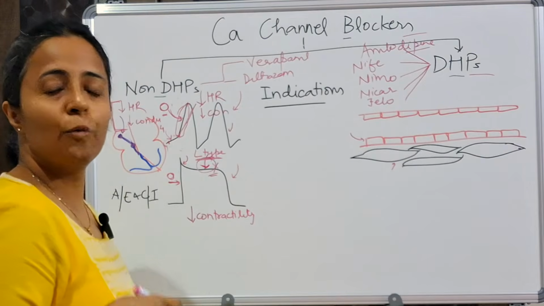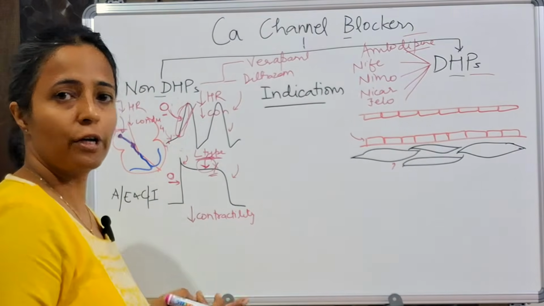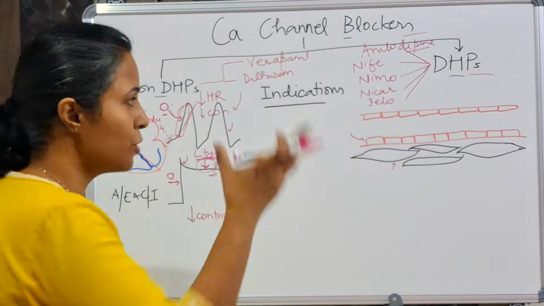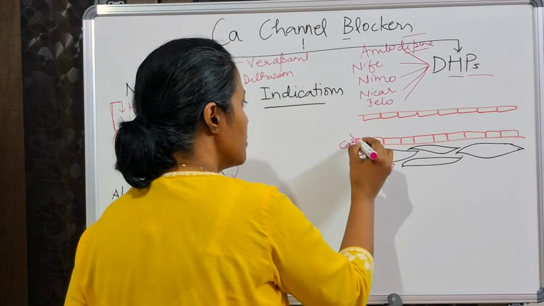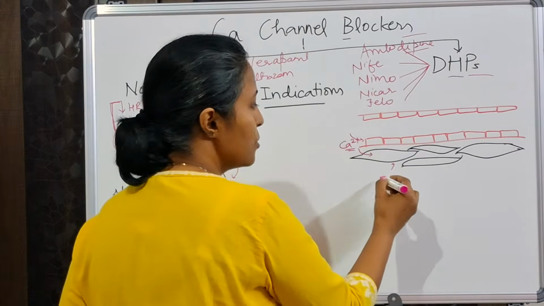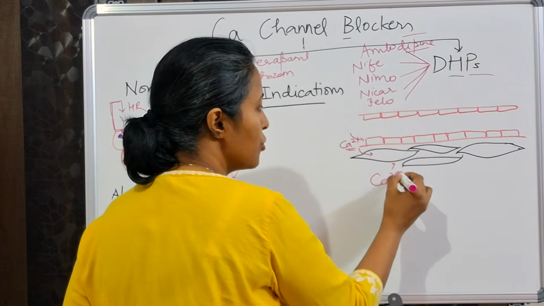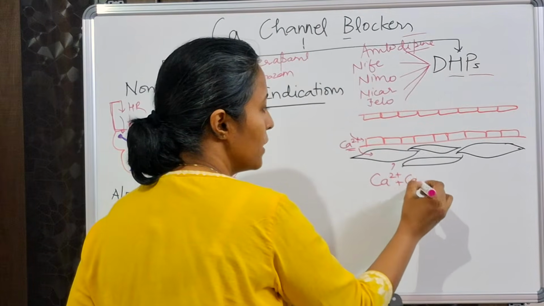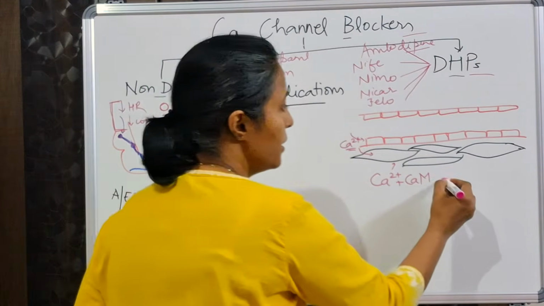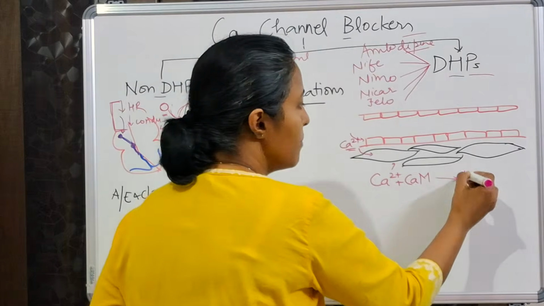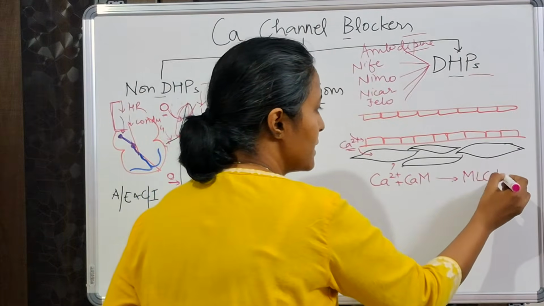So whenever there is any stimulus for contraction, suppose adrenaline is there, ultimately there is an increase in the calcium within the smooth muscle cell. And the basic mechanism of smooth muscle contraction is that calcium combines with calmodulin, another protein, and this calcium-calmodulin activates the myosin light chain kinase.